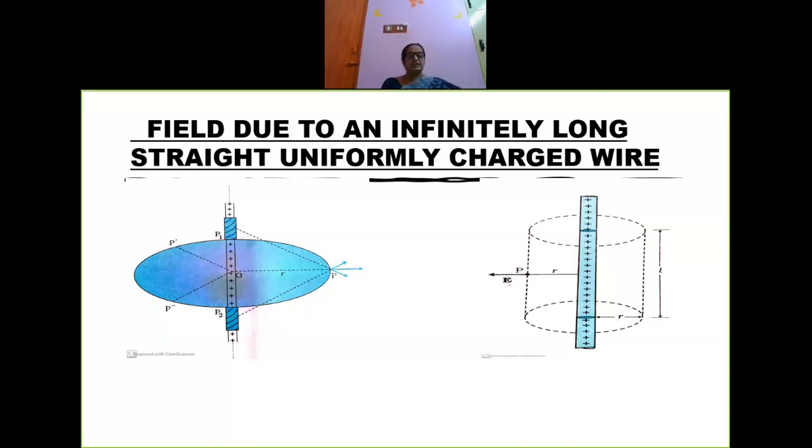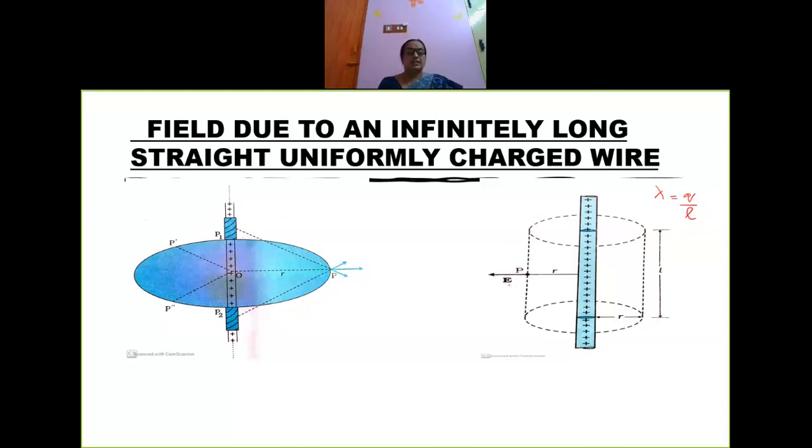Consider an infinitely long thin straight wire with uniform linear charge density. Now, hope you remember linear charge density. The formula for linear charge density is, I'll write here children, lambda is equal to Q by L. Last class we discussed about this linear charge density.